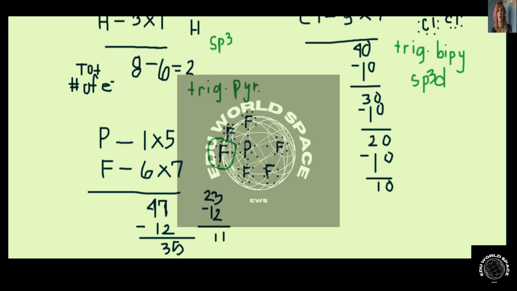So now looking at this structure, we see that whenever we have 6 atoms or ligands that are symmetrically arranged around a central atom, like we see here, so phosphorus is our central atom and fluorines are all of the ligands or atoms that are bonded to this phosphorus, we see that there's 6.